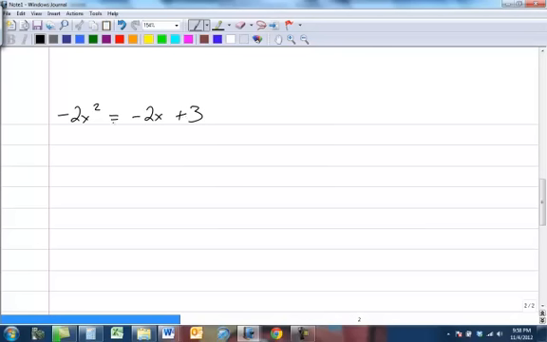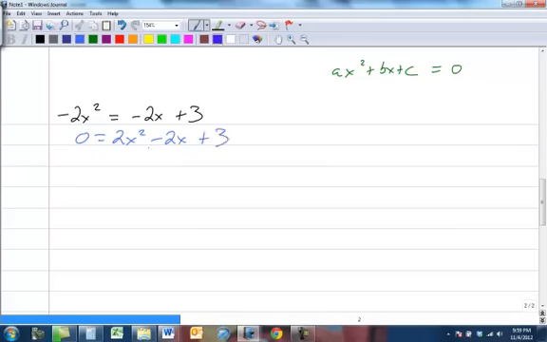So remember, in order to use the quadratic formula, it has to be in the form 0 equals ax squared plus bx plus c, or ax squared plus bx plus c equals 0. Either way, doesn't matter. In this case, I don't want to move two things, I'm just going to move one. I'm going to move this negative 2x squared to the right side. So now I'm at 0 equals 2x squared minus 2x plus 3.